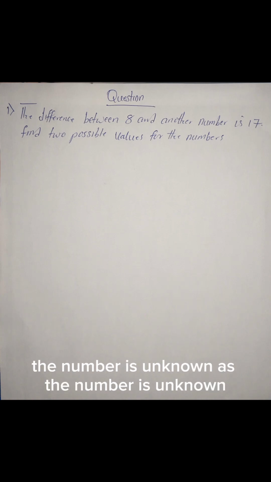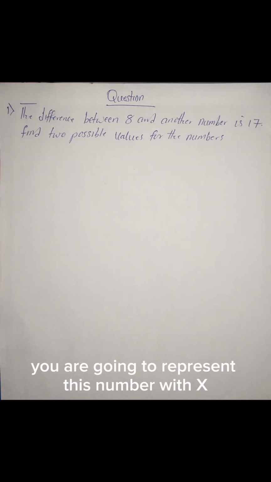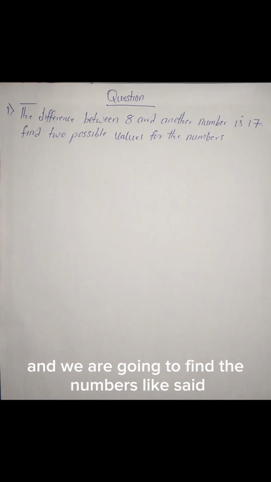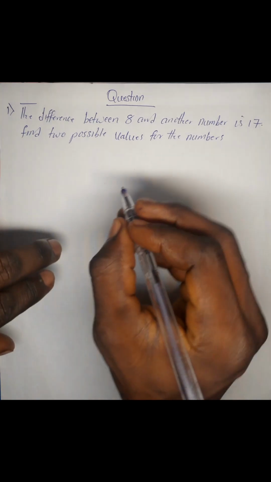The number is unknown. As the number is unknown, we are going to represent it with x. Since we don't know the number and we are going to find it, let's say solution.